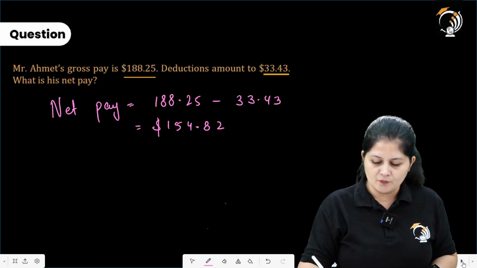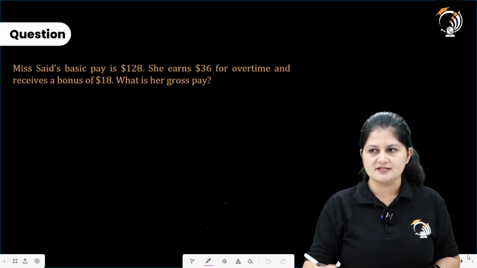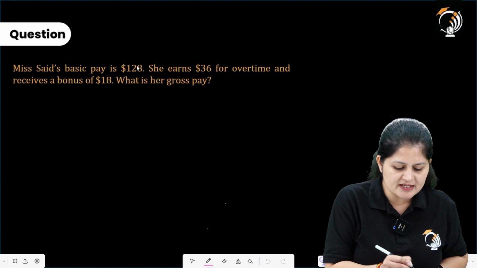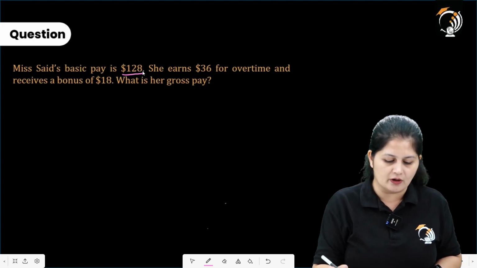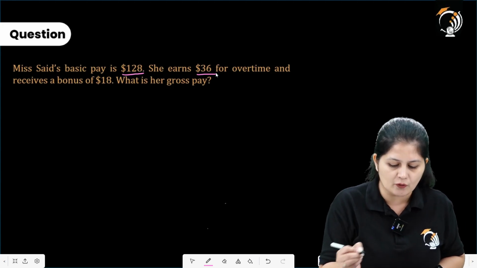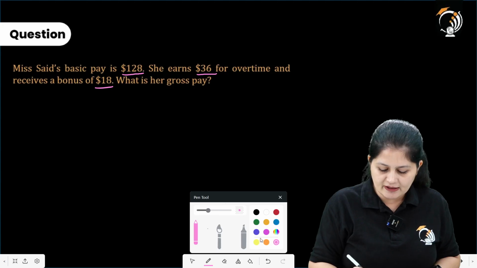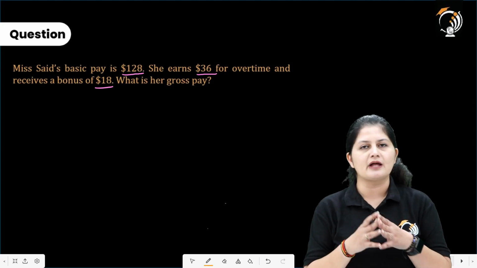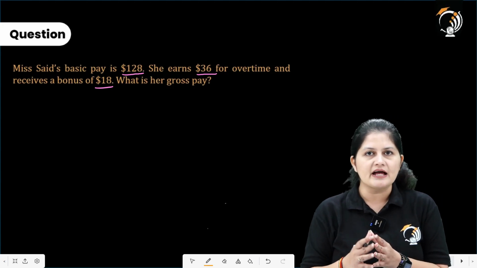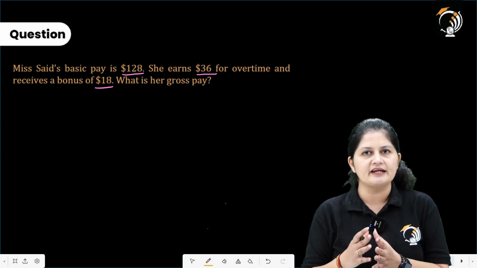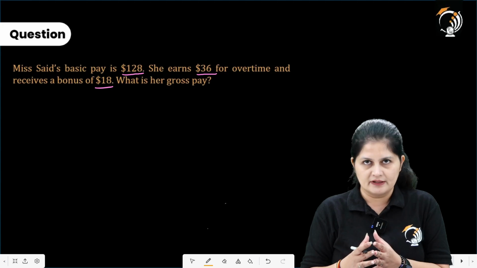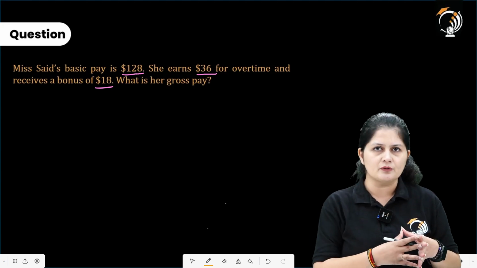Clear? Moving to the next question, which says, Ms. Seth's basic pay is $128. She earns $36 for overtime and receives a bonus of $18. So definitely, whatever the amount that she is getting for overtime as well as the bonus, it will be added, and that is what is going to be credited into her account.